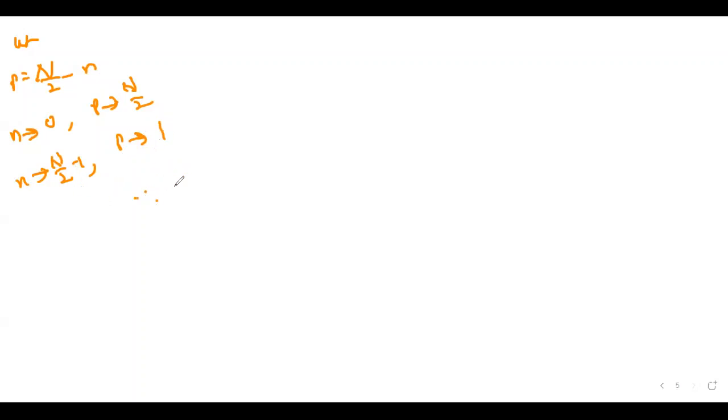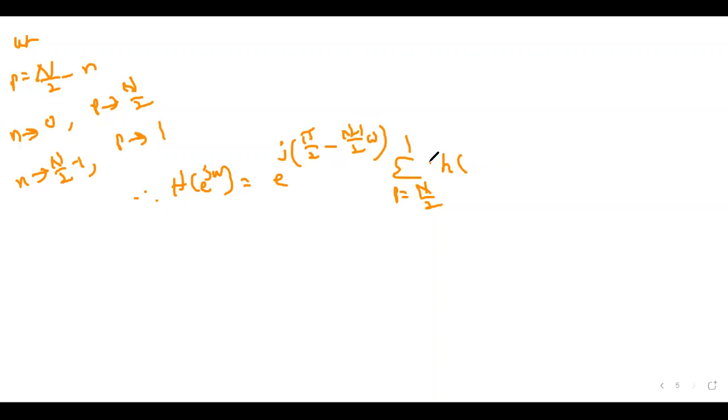Therefore, this H of e power j omega is now equal to e power j of pi by 2 minus n minus 1 by 2 omega. The summation limits change. Now p is equal to n by 2 to 1, into 2 into h of n.